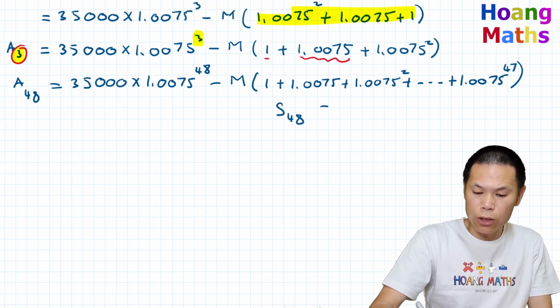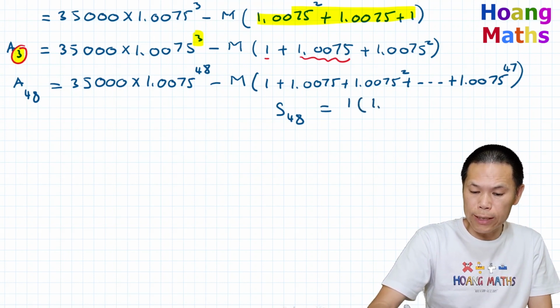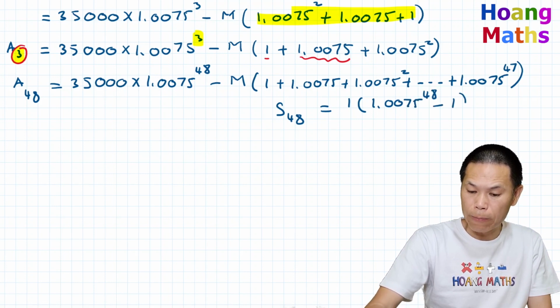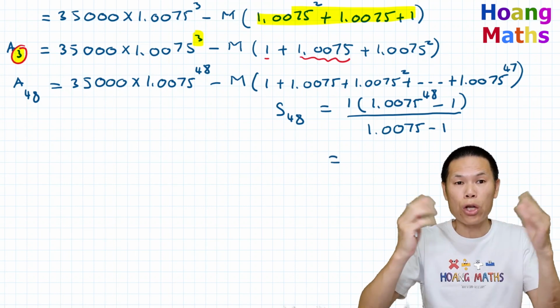Let me quickly sort this out. So A is 1, R is 1.0075, power 48 minus 1 over 1.0075 minus 1.